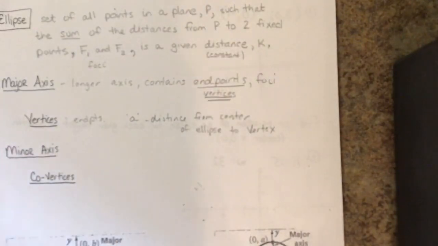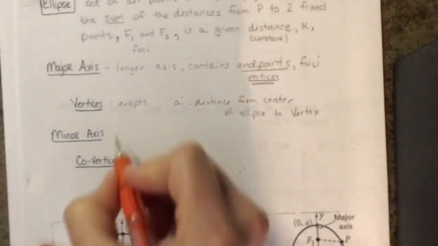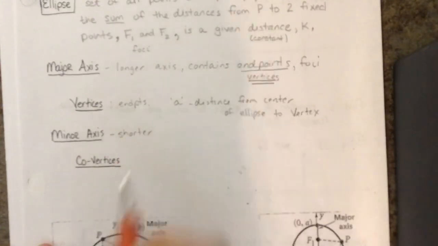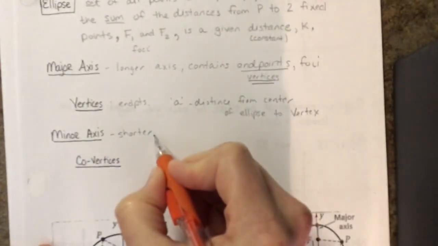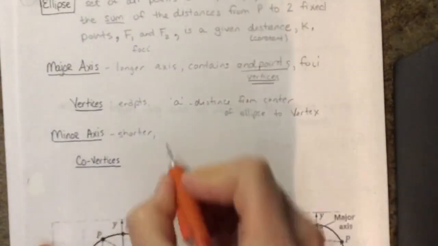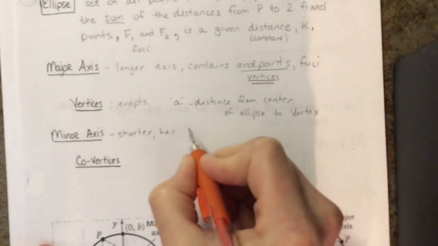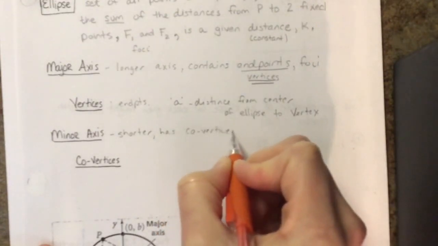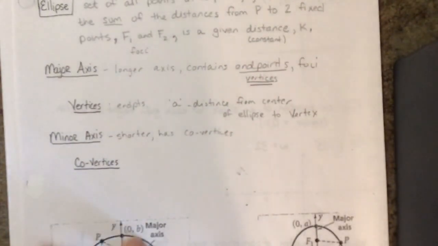All right. Then you have the minor axis, which is, of course, shorter. All right. It contains what are called the co-vertices. Those are given by distance b.